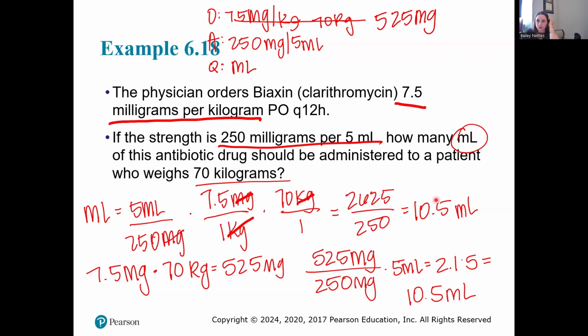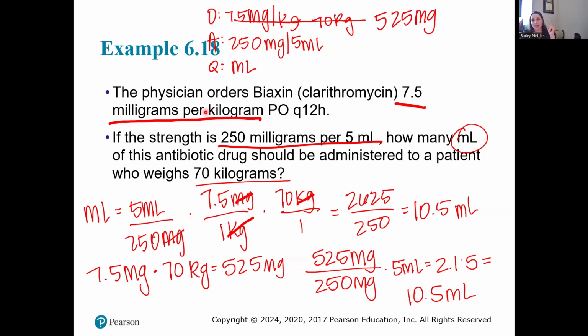Okay, so to do desired over have, you can do it either way. You can put the 7.5 in and plug it away, but you have to remember to multiply it by your 70 kilograms. Personally, I like to get it out of the way. Okay, so this per means that every 1 kilogram, I get 7.5 milligrams.